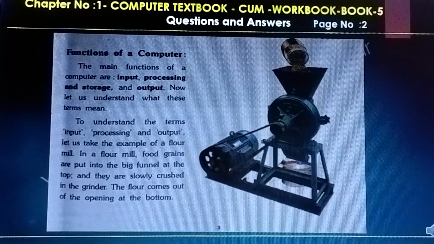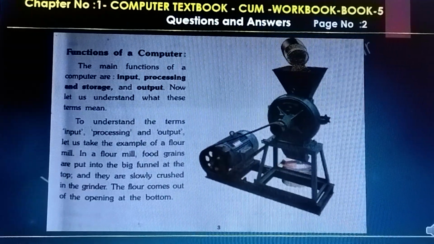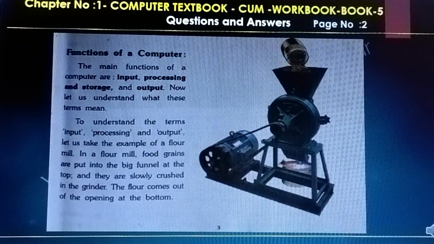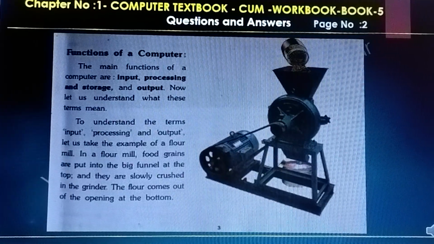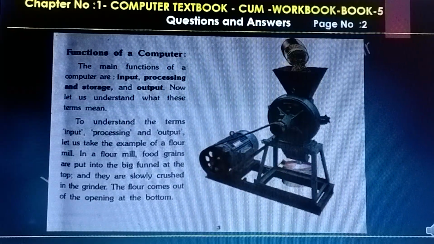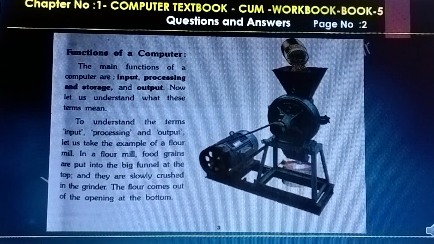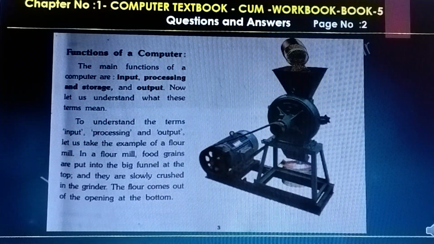Now let us understand what these terms mean. To understand the terms input, processing and output, let us take an example of a flour mill. In a flour mill, food grains are put into the big funnel at the top and they are slowly crushed in the grinder.